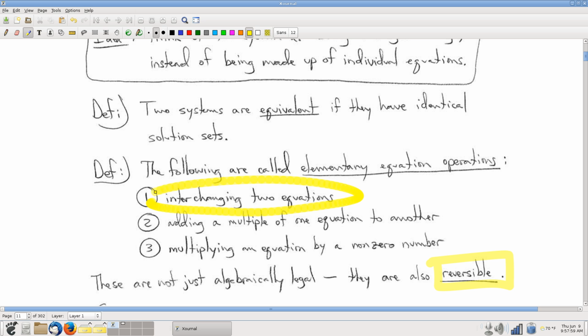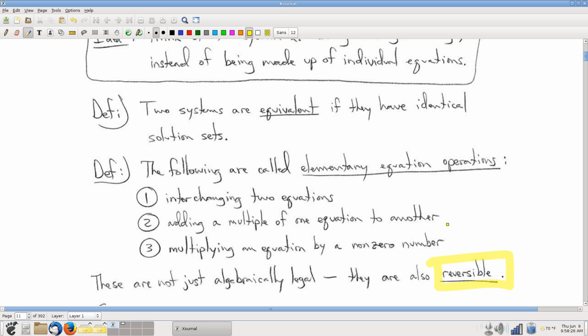If you interchange 2 equations, you can interchange them back. If you add a multiple of one equation to another, you could then subtract that same multiple of that one equation from the other. Right? So anything that you do with an elementary equation operation, you can undo with legal algebra.